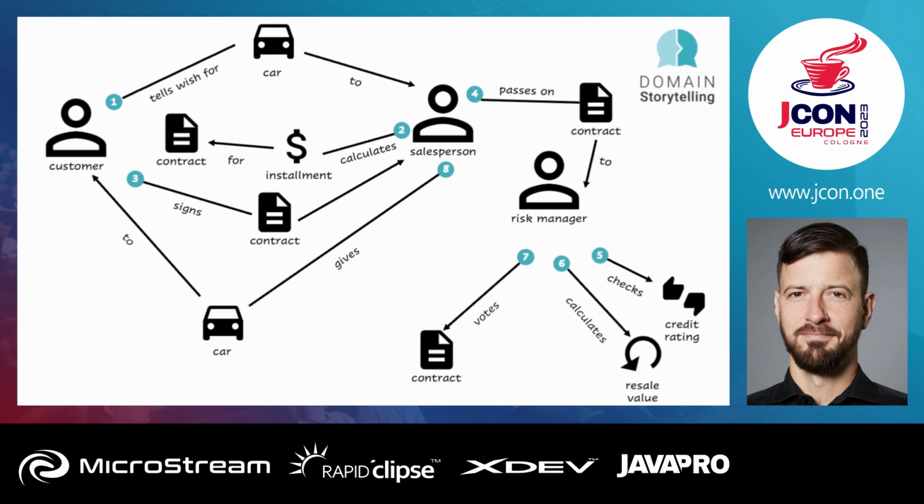So a domain story is made of these actors, that's the stick figures, and then we have the activities, those are the arrows, and we have the other icons, those are the work objects. And we want to draw boundaries around the activities.